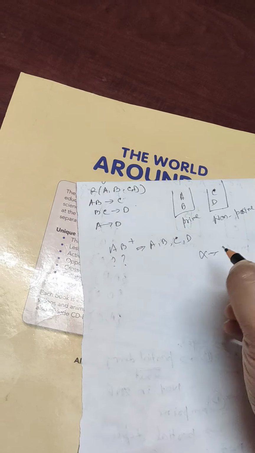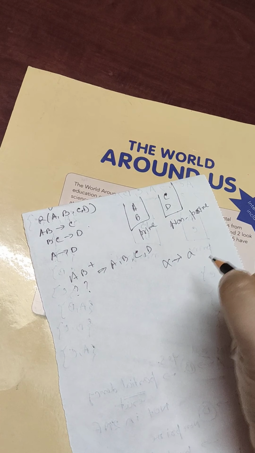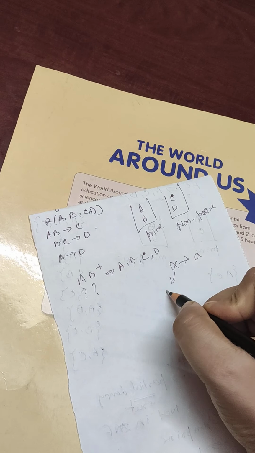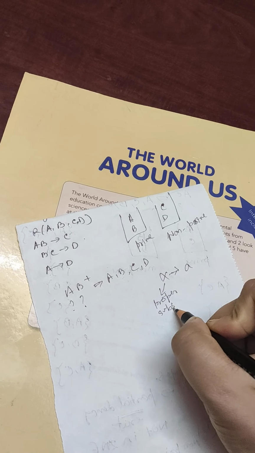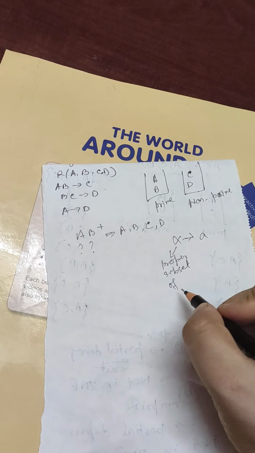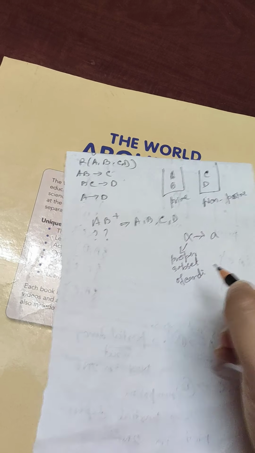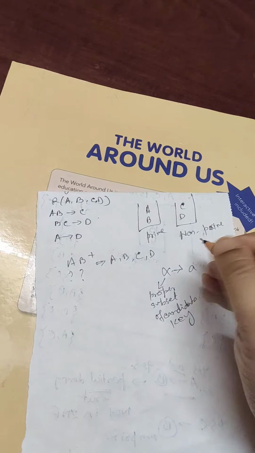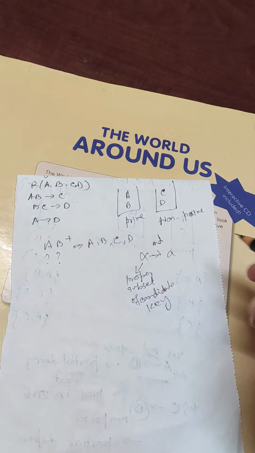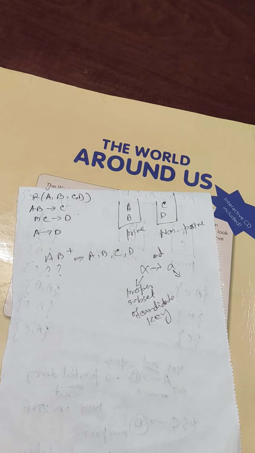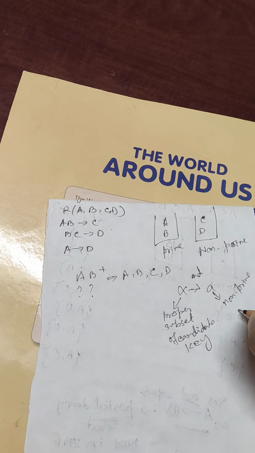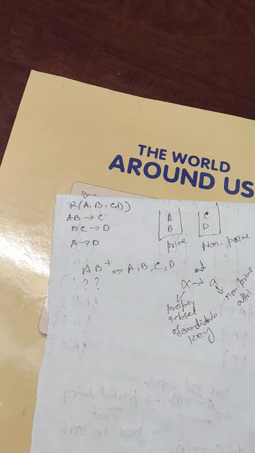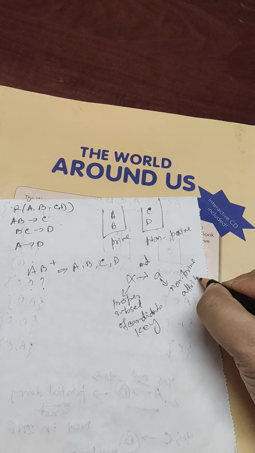So X determines A. Partial dependency exists if X is a proper subset of the candidate key and A is a non-prime attribute, or the right hand side is a non-prime attribute.